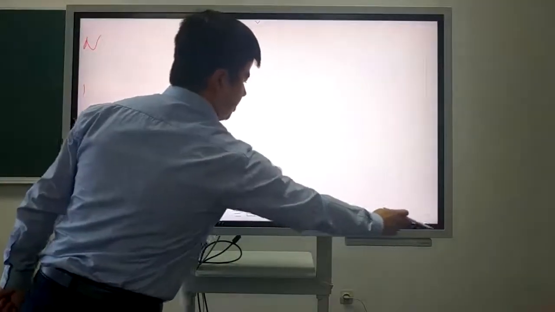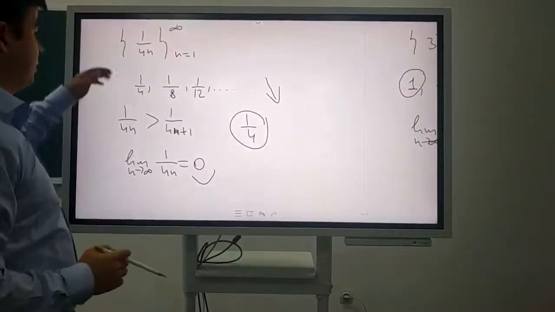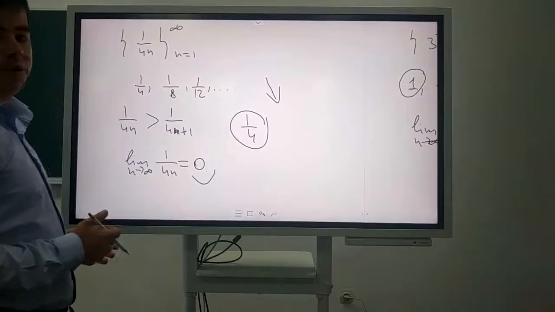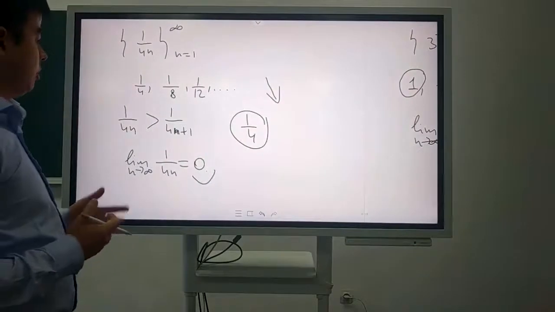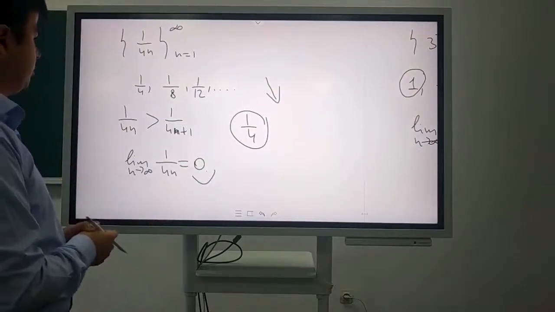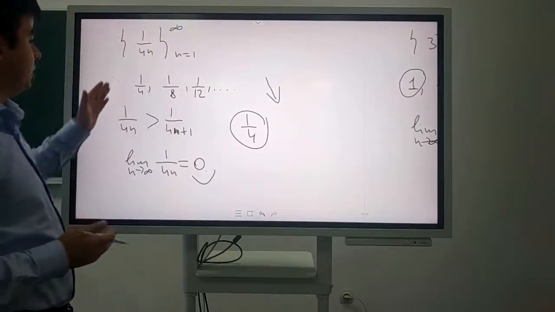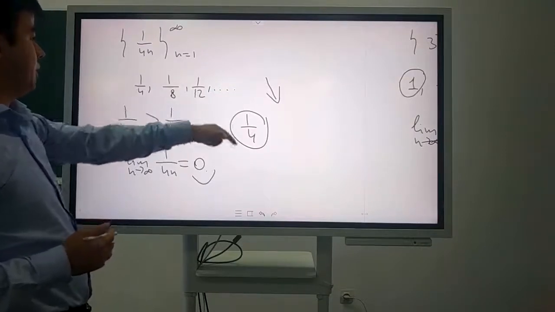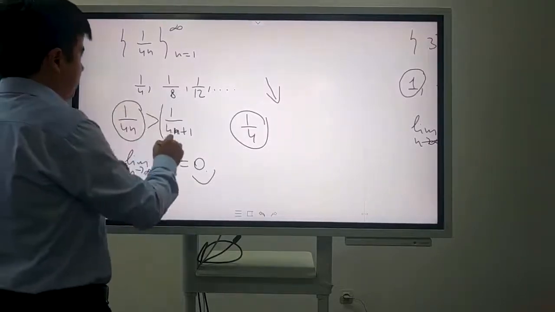Now, next examples. Determine if the sequence is decreasing or increasing or not monotonic, or bounded above, bounded below, or not bounded. So we need to determine this. Firstly, let's write the first few terms of this sequence. The first one is 1 over 4, the second one is 1 over 8, 1 over 12, etc. So let's consider the nth term and the n plus first term.